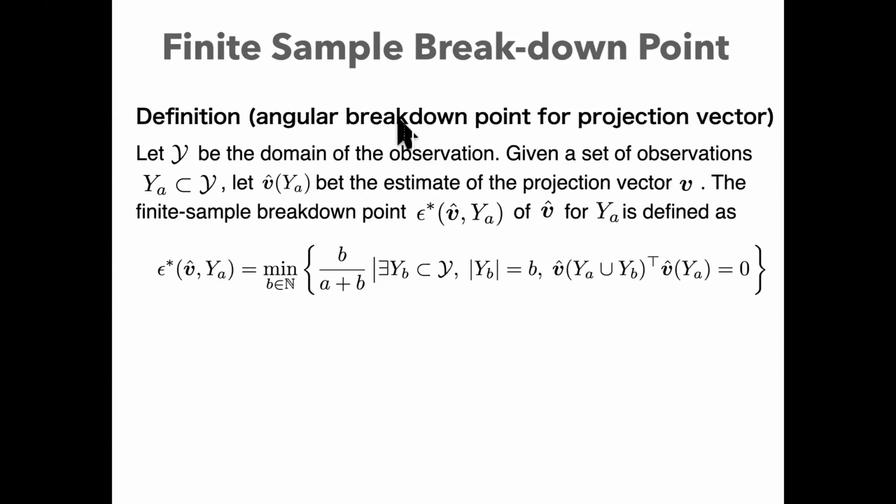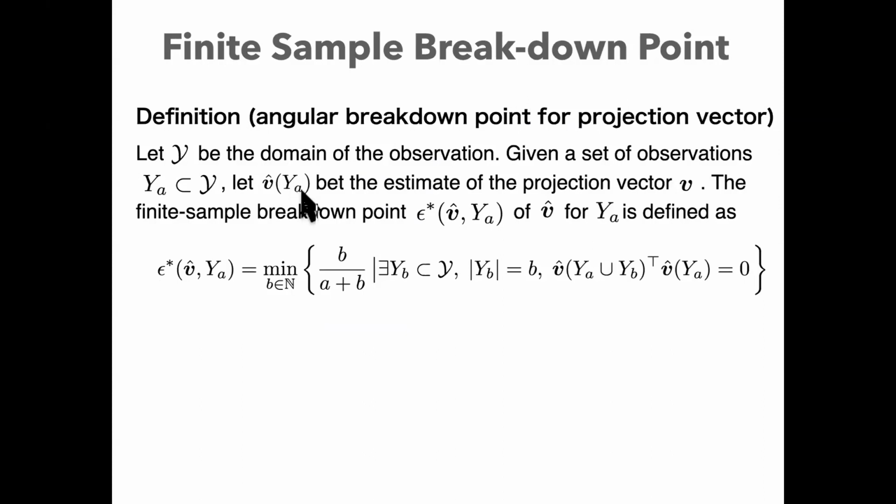This is the definition of the angular breakdown point, and it says that basically, suppose we have a set of observations Y. Observations are of size A. And using this dataset YA, we get the estimate of the projection vector V hat of YA.